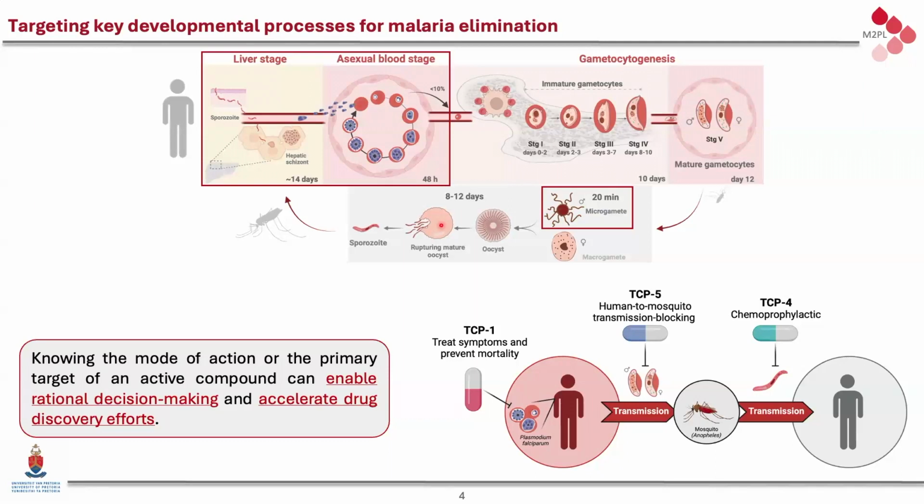But exactly how these processes work at the different life cycle stages and what the protein drivers thereof are is not fully understood. So for the purpose of this talk, I will only be focusing on how the parasite is able to make new parasites within the asexual blood stage.